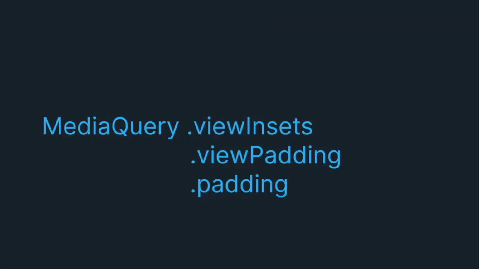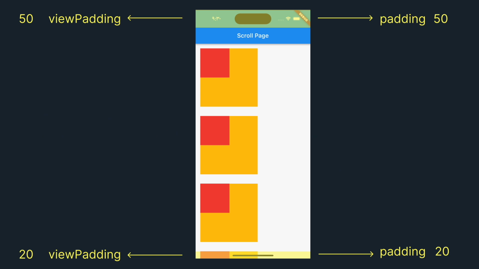We know that with MediaQuery, we can handle our display and check width, height, and things like this. We have three properties in MediaQuery called viewInsets, viewPadding, and padding. The type of these is EdgeInsets. We see EdgeInsets when we use the Padding widget or Container padding or margin.